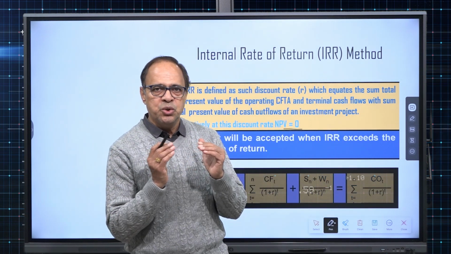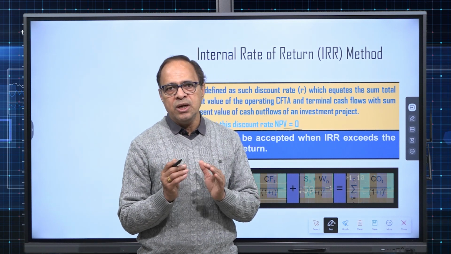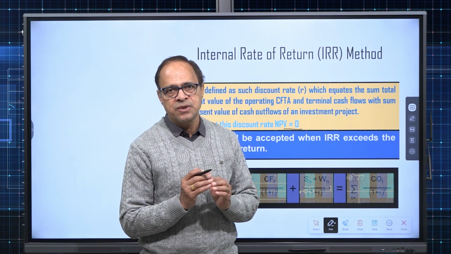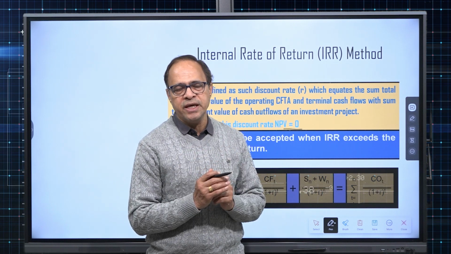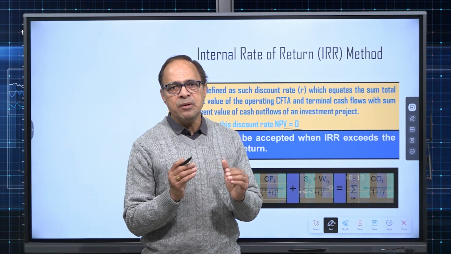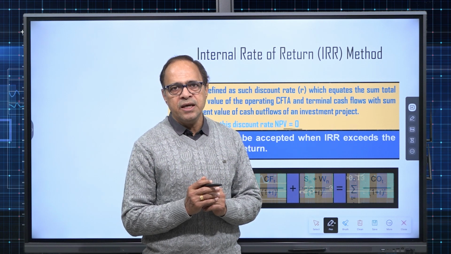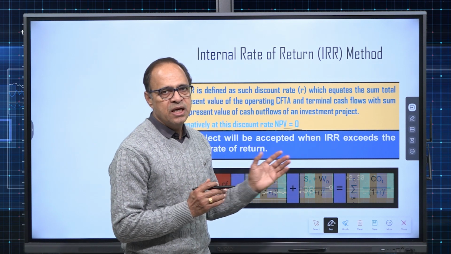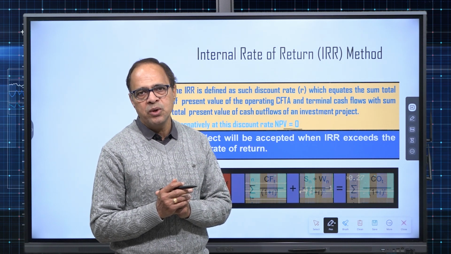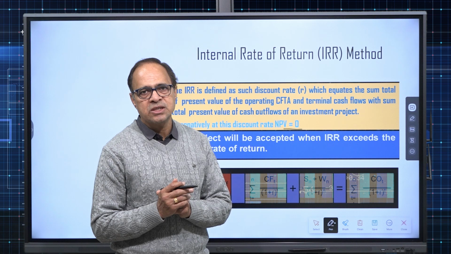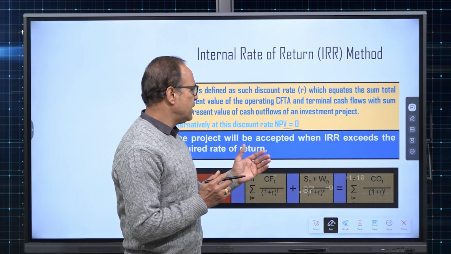Suppose you are a finance executive and your guidelines say that you will accept all those projects, subject to the availability of funds, for which minimum return is 20%. Then all the projects for which IRR is equal to 20% or more than 20%, you will accept, else projects will be rejected. So, IRR helps us in taking a decision.